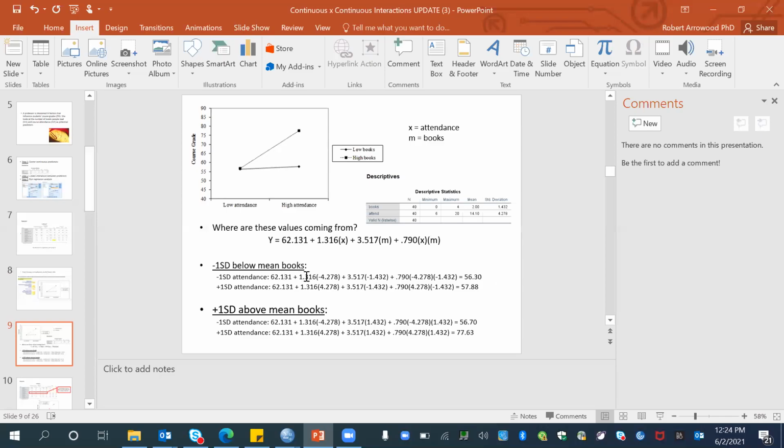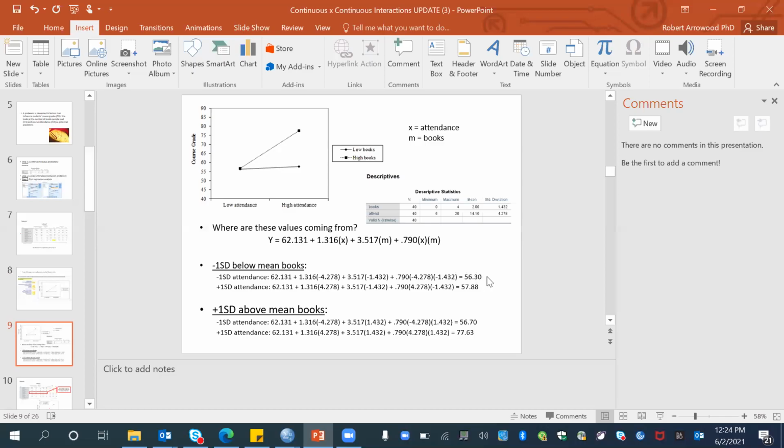So our y-intercept plus our slope of attendance times a negative standard deviation, so taking a standard deviation away of attendance, plus our slope of books times our negative standard deviation of books, plus our slope of the interaction times our negative standard deviation of attendance times our negative standard deviation of books.